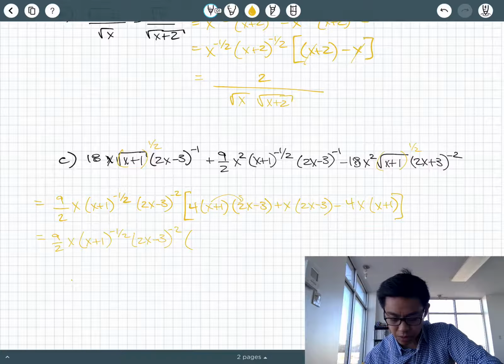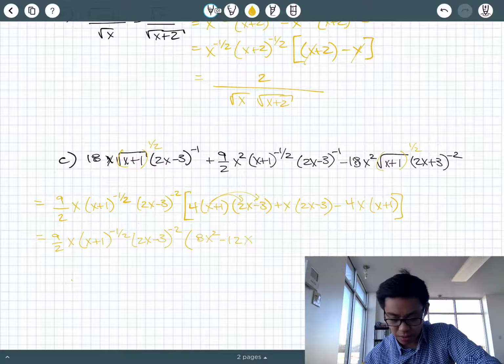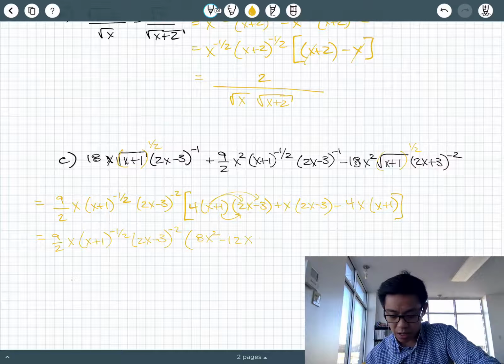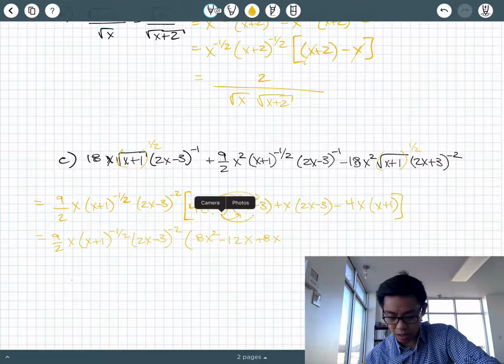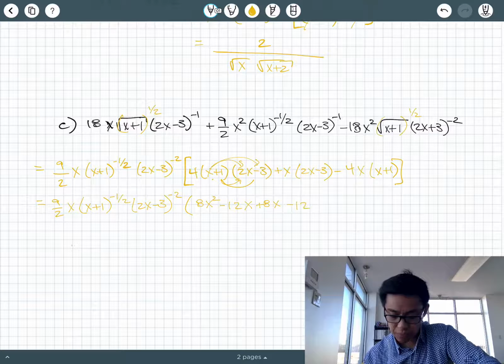X times 2x is 2x squared, times 4 is 8x squared. X times negative 3 is going to be negative 3x, times 4 is going to be minus 12x. Follow the process for FOIL, and you'll end up getting an 8x from that distribution, and a negative 12 from that one.